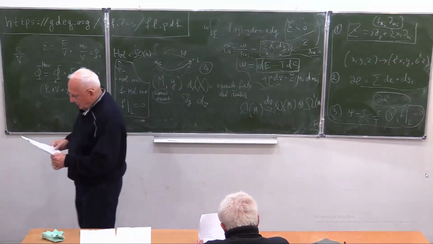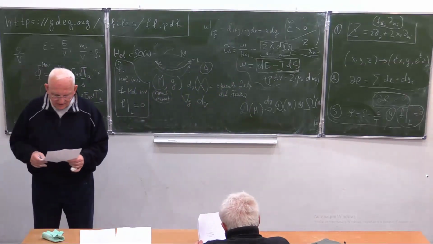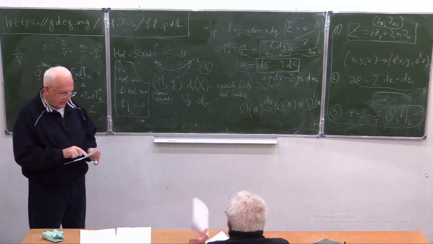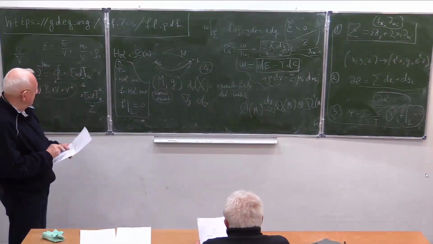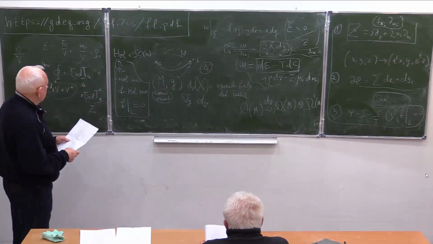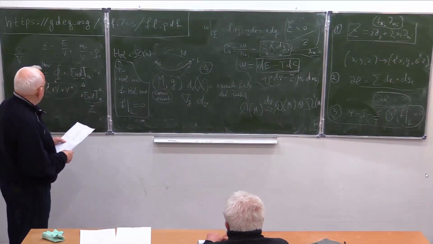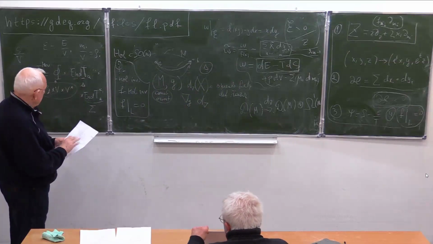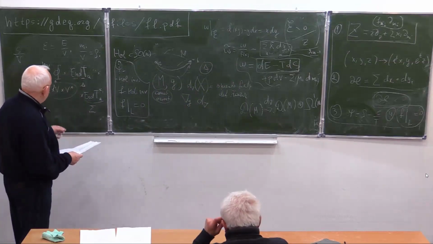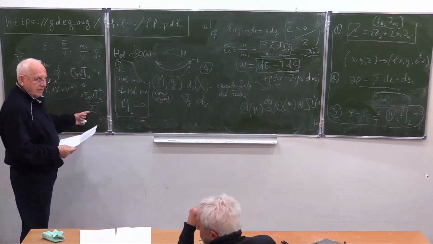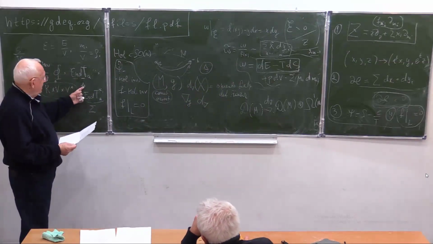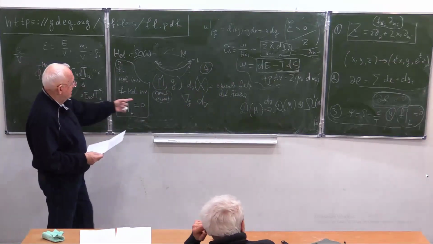The only thing that I want to say is that this function f is involved in both the second and the third equation. It is a function that depends on delta and on sigma. So delta is this one.